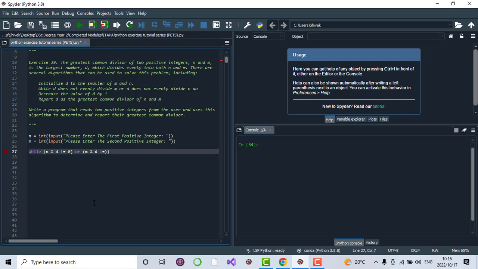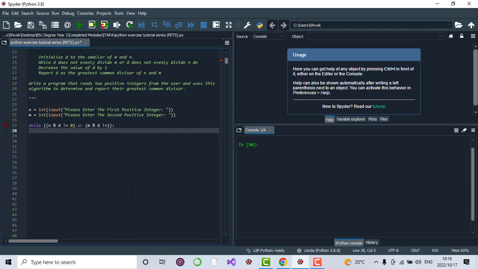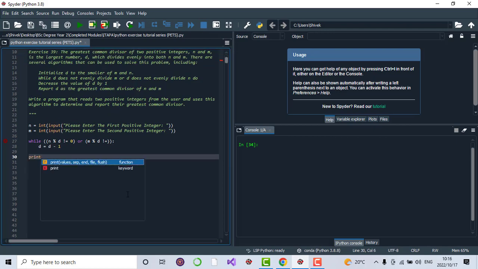That's good. Let's enclose them in a parenthesis. The parenthesis will enable us to have that one large condition. d equals d minus 1. That's good. That's really all there is to this program.